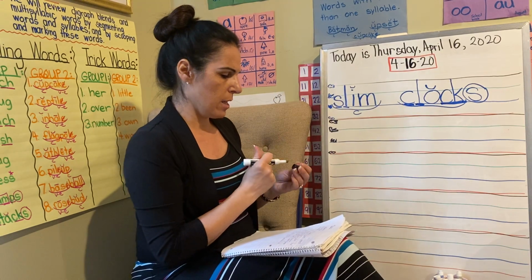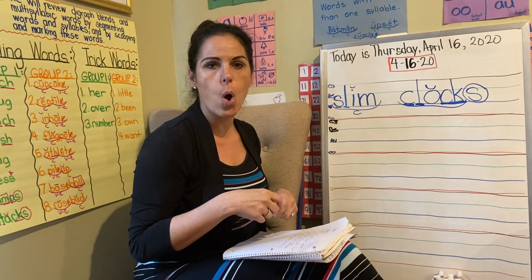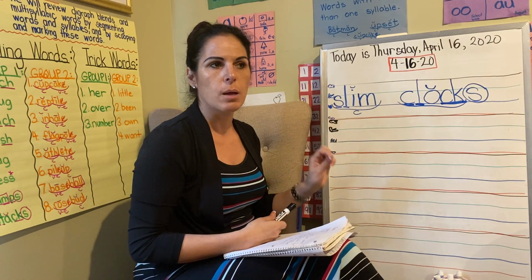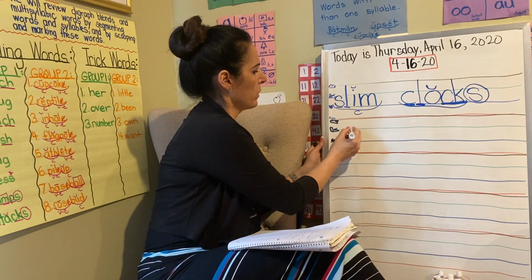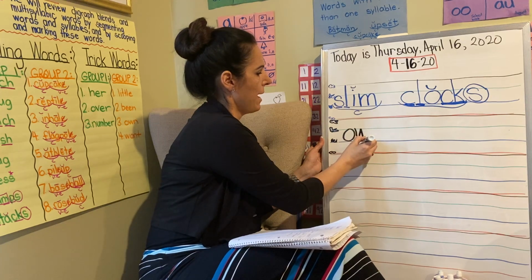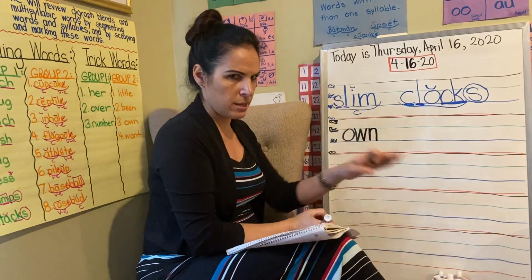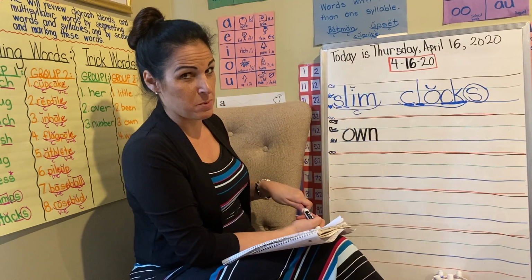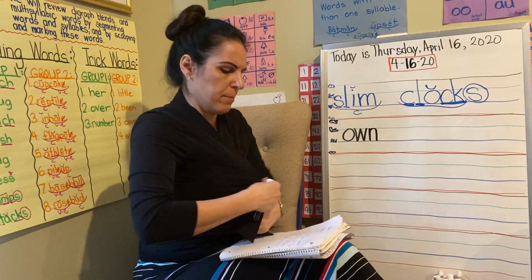The first word that we're going to review is the word own. Own. O-W-N. Own. I'm going to write the word for you, own, as in I own my snuggle puppy.